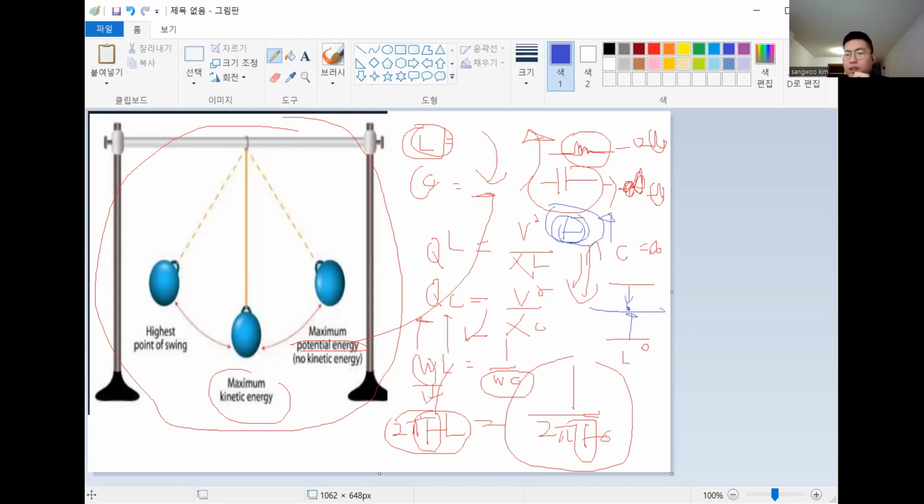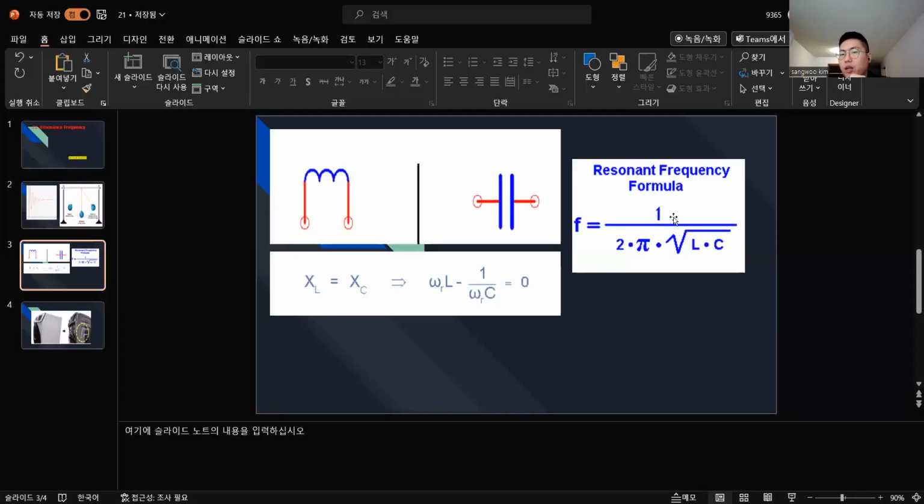This is the resonance frequency formula. XL and XC, L and C, are totally different components. When they are the same, we say this is the resonance frequency at some point.